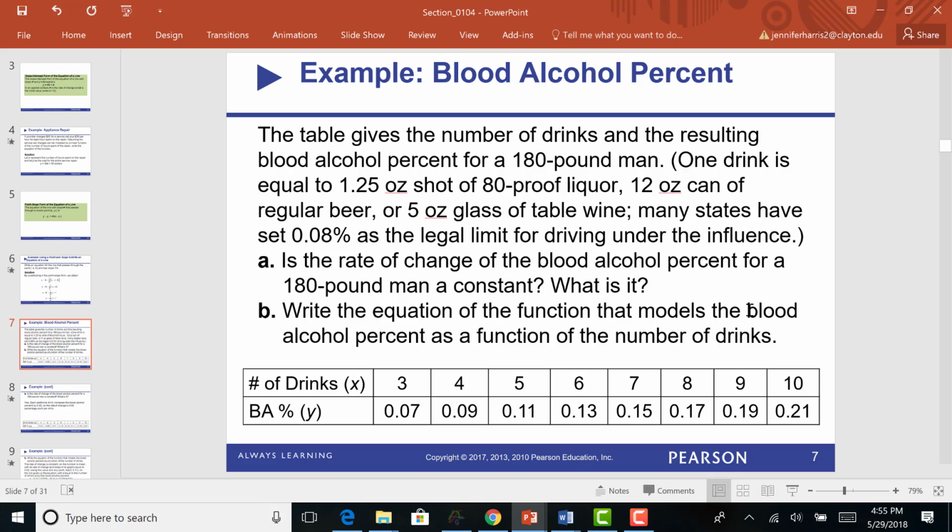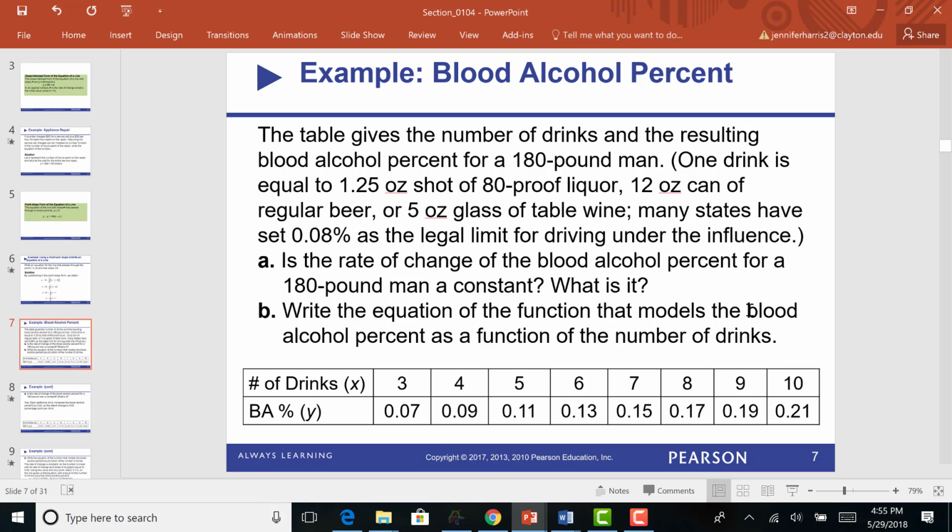So if I have y equals mx plus b, and you know the slope, which we said was 0.02, I've got to have some more numbers to plug in to figure out what we're trying to figure out: b. Do you need to know what y and x are to write it in y equals mx plus b? No, you just need m and b. So I need to figure out what b is.